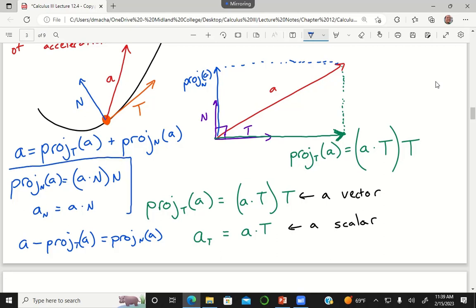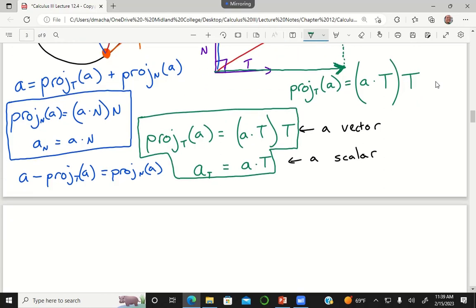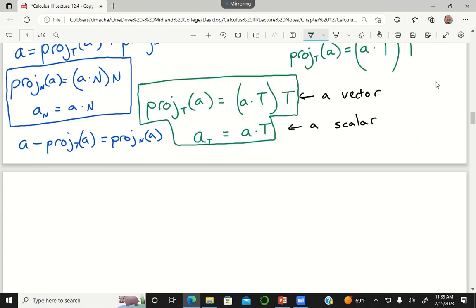So if we're talking about the tangential component of acceleration, this is like if you're driving and you step on the gas pedal.